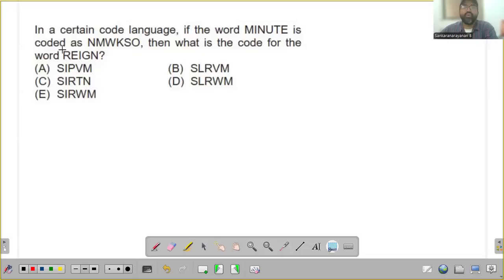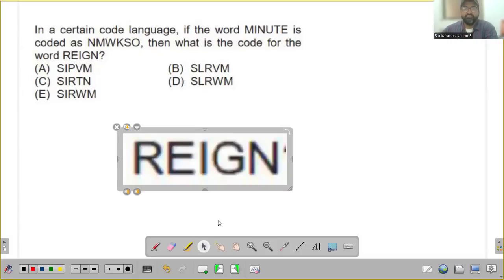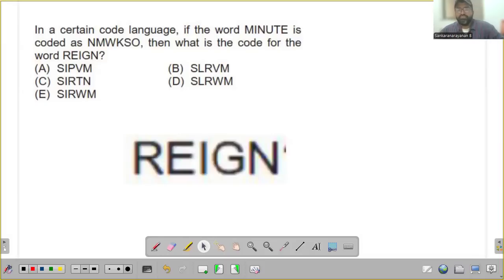What is the code for REIGN? REIGN. I can consider R plus 1 square, E plus 2 square, I plus 3 square, G plus 4 square, N plus 5 square it will be. Okay. So let's consider R, S, E, F, G, H, I. I plus 9.